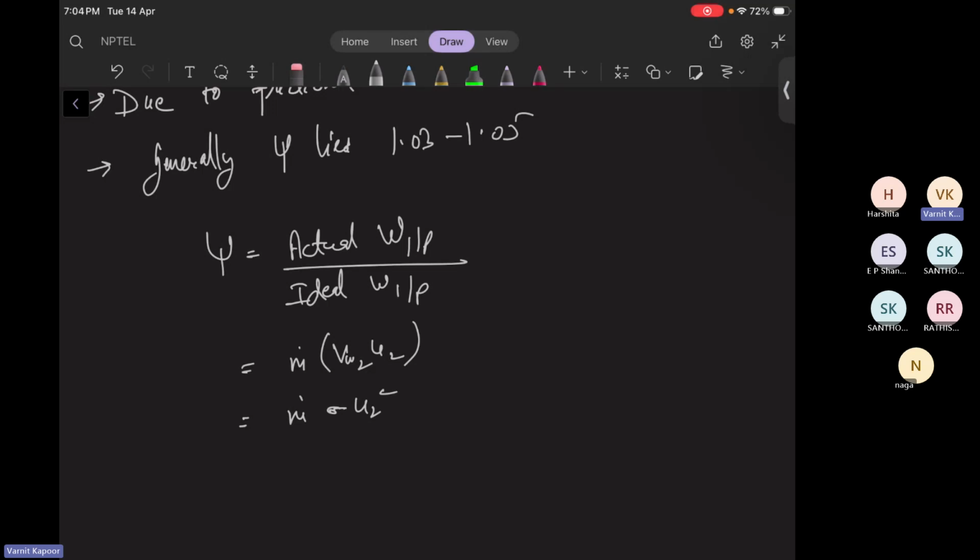Sorry, let me write this again, I missed something. You don't know the actual work input; you know the theoretical and the ideal. So your slip factor was theoretical to that of ideal, and ideal is mass flow rate times VW2 U2.